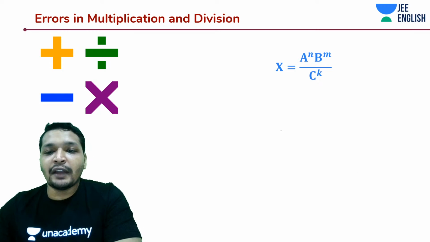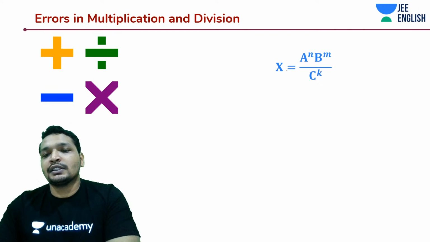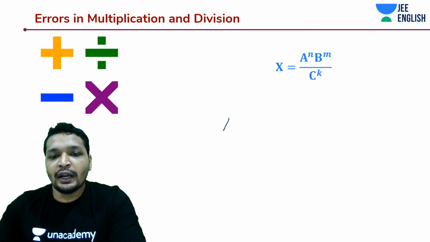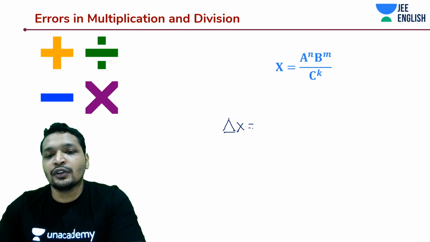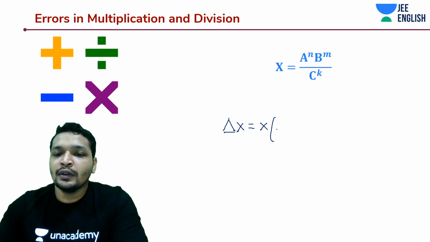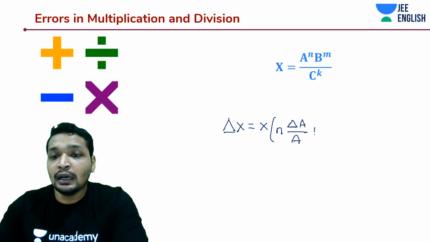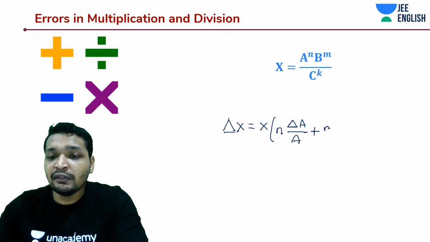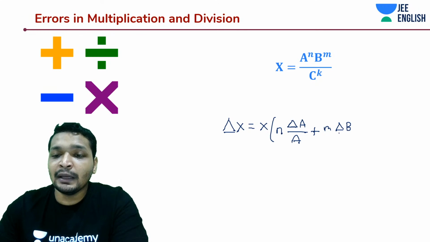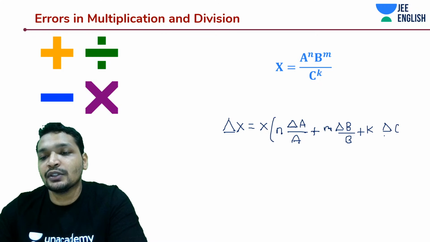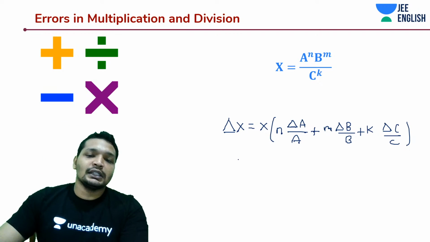Even if you have, let's say, a to the power n, b to the power m, and c to the power k, you are going to write it down as delta x is equal to x into n times delta a by a, and m times delta b by b, and c will appear k times, so it's k into delta c by c.